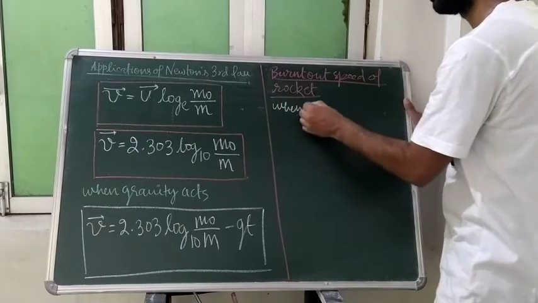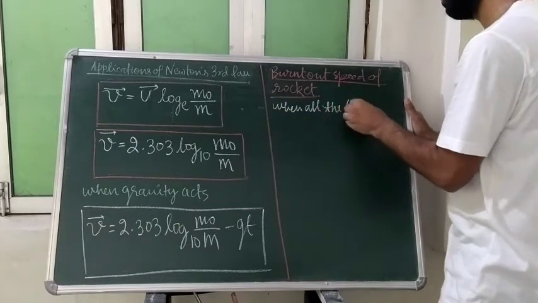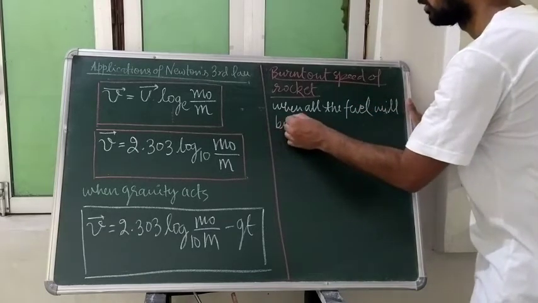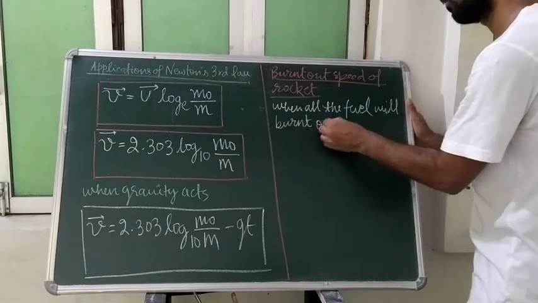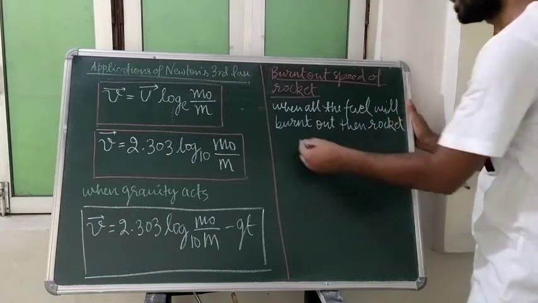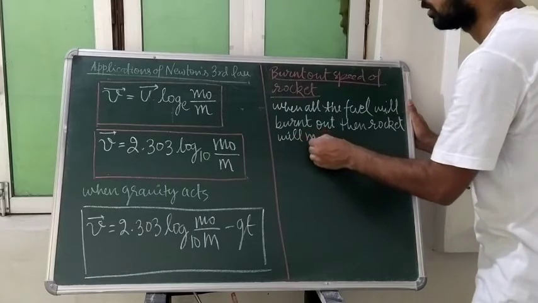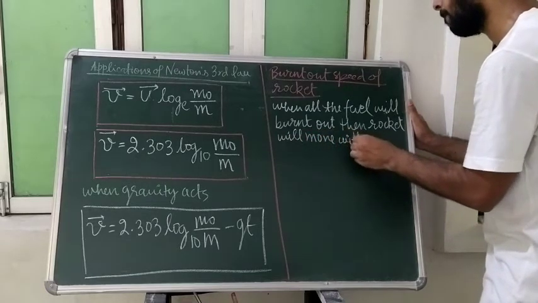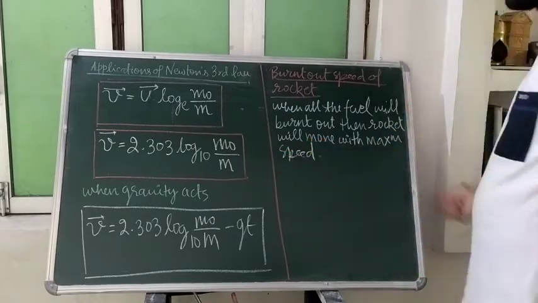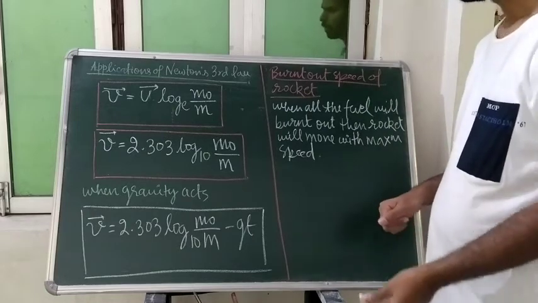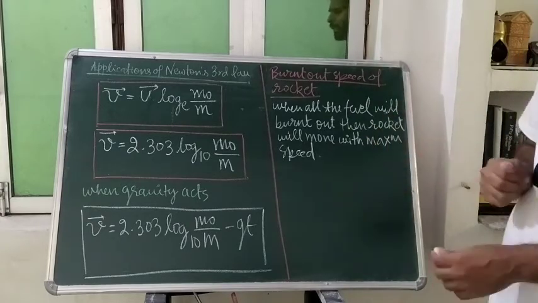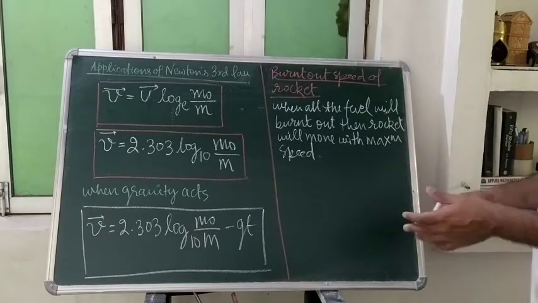When all the fuel or propellant will burn out, then the rocket will move with maximum speed. Okay, so when all the fuel will burn out, the mass will become lighter and the velocity will become highest in that case, according to the law of conservation of momentum.